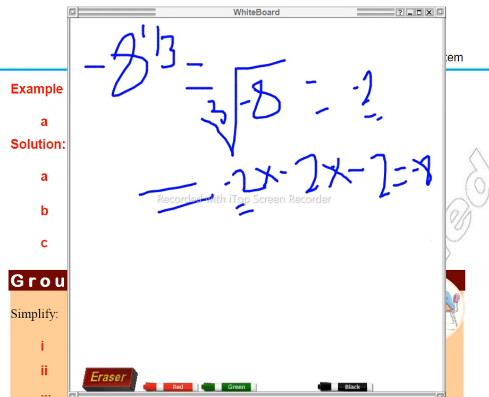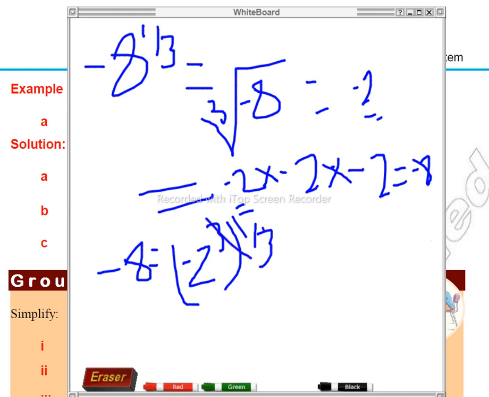In another way you can say that negative 8 means negative 2 to the power of 3. Negative 8 to the power of 1 over 3, so negative 2 to the power of 3 to the power of 1 over 3. The 3 is cancelled by the 3.